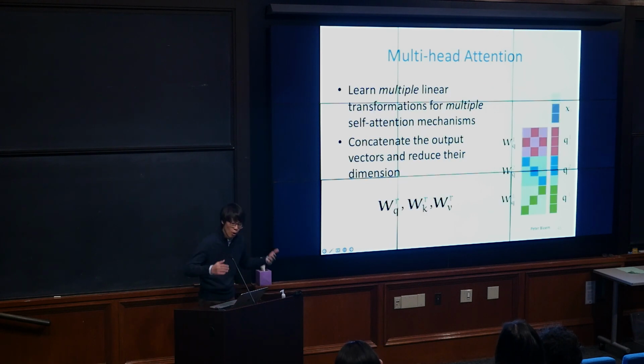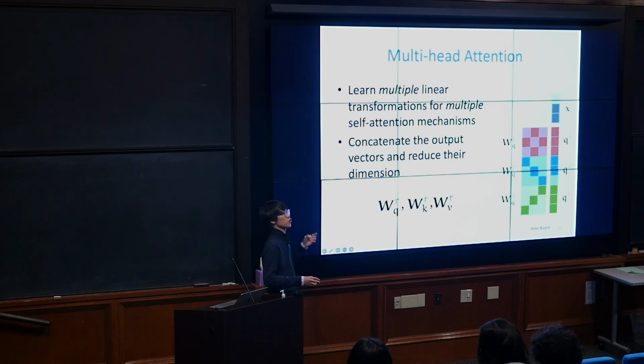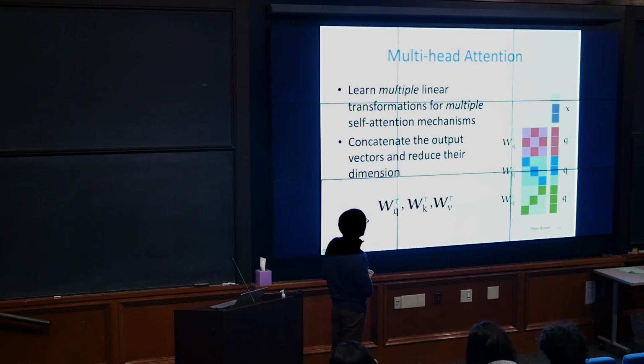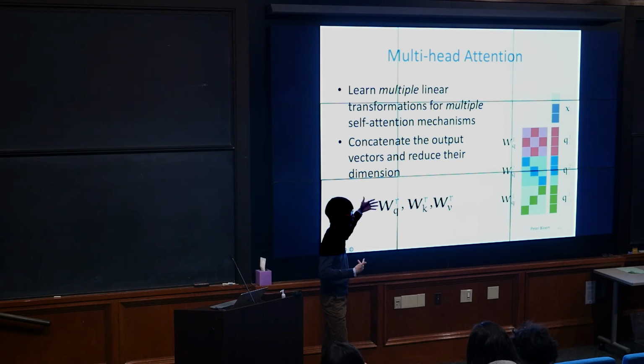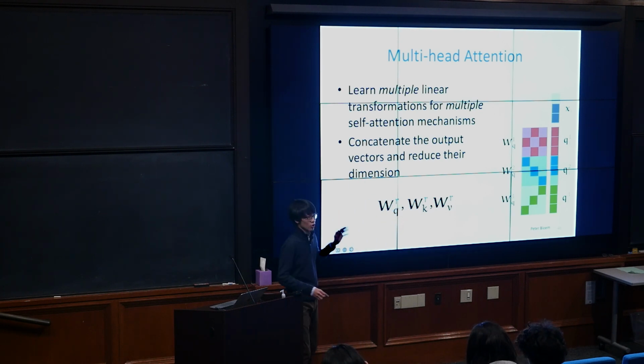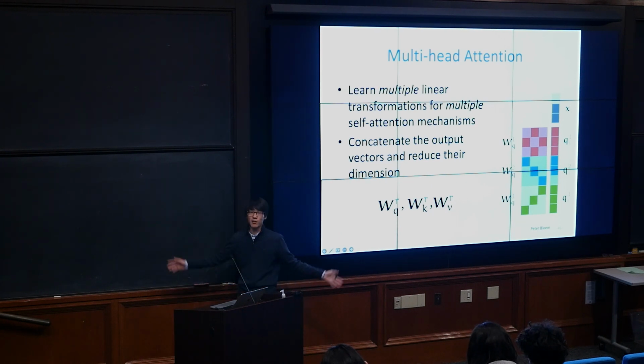And we can do that with multi-head attention. So instead of doing attention once, we do it multiple times, right? On this X, and we learn a different query linear transformation, Q, K, and V, for each head R, right? So we just do attention multiple times.